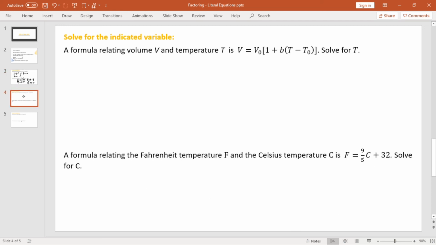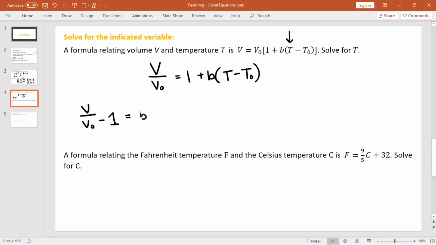All right, we want to get this guy out. Same thing, I'm going to start by taking V0 over, and that gets rid of the first set of brackets. Okay, let's get the 1 over to the other side. Okay, let's divide everything by b.